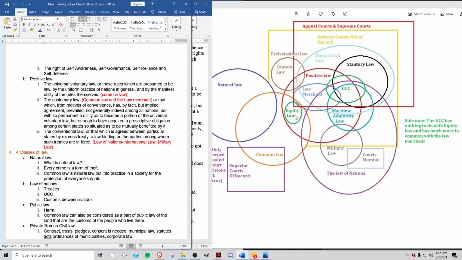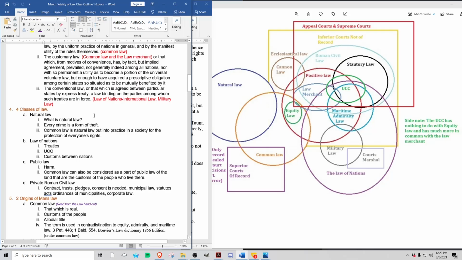But the law merchant is an aspect of the common law, though it really deals more with the sea and banking and merchant affairs. Compared to our common law, which deals with rights and wrongs and what we do on the land, and our custom and usage, which are things on the land.